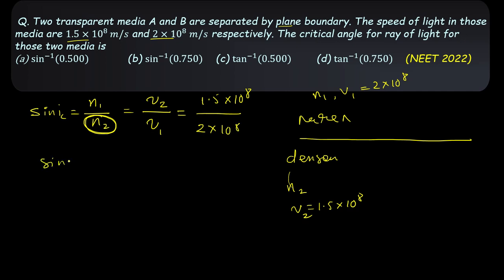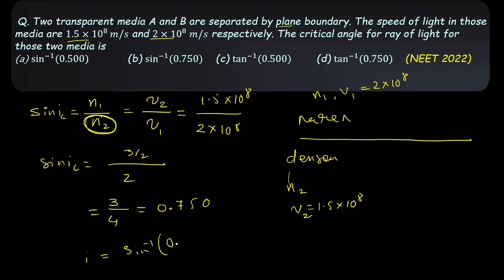So sine of the critical angle is 3 by 4, which is equal to 0.750. Therefore the critical angle is sine inverse of 0.750. Option B. So let's move on. I hope this is clear.